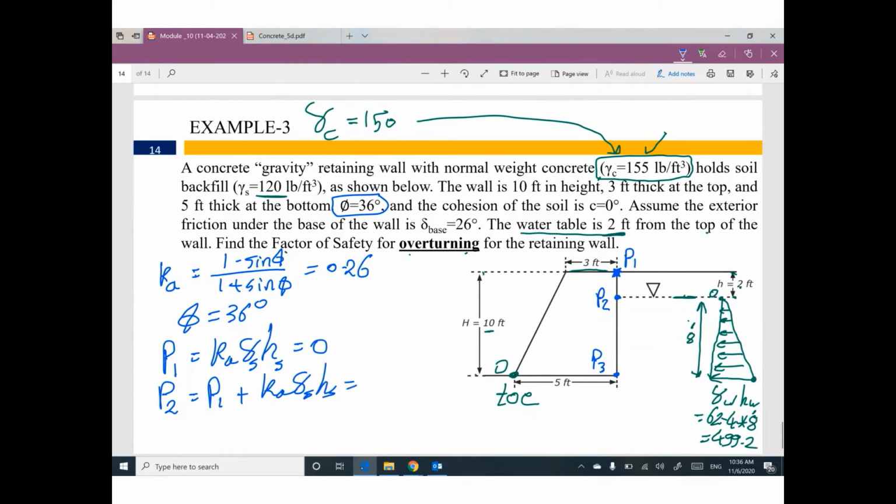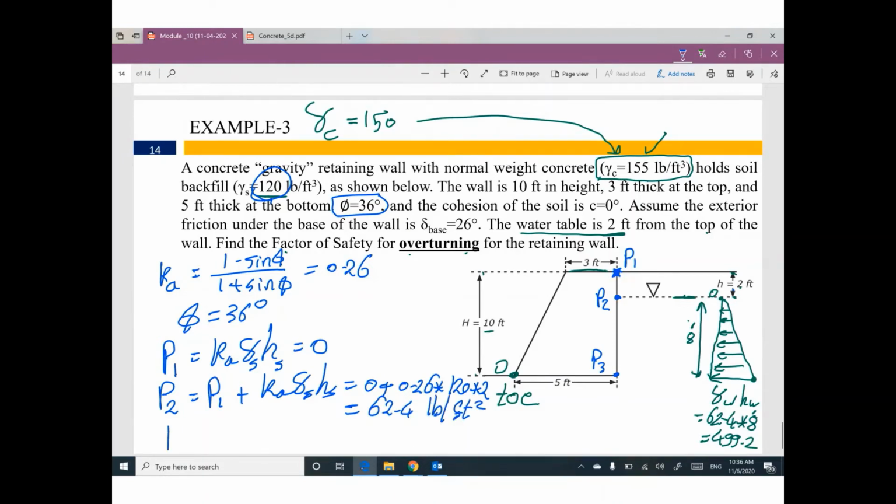P1 is 0, K active 0.26. Gamma soil is given, what is the value of gamma soil? 120. H of soil between point 2 and point 1 is 2 feet. This pressure will be 62.4 pounds per square foot.